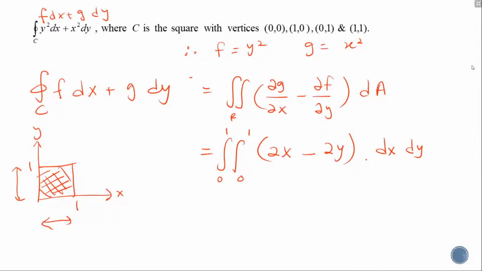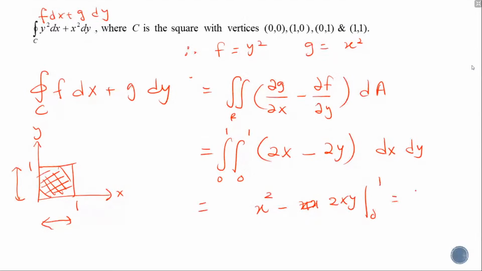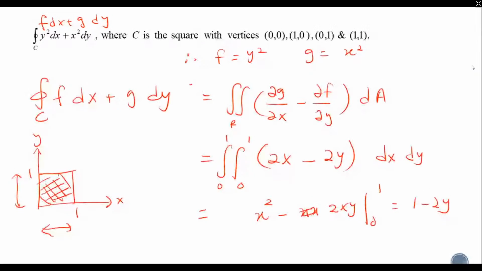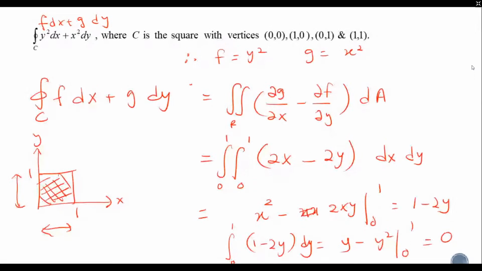So you apply Green's theorem, integrate with respect to x, you get x squared minus 2xy, from 0 to 1, so you get 1 minus 2y. Then integrate 1 minus 2y with respect to y, you get y minus y squared from 0 to 1, so the answer is 0.